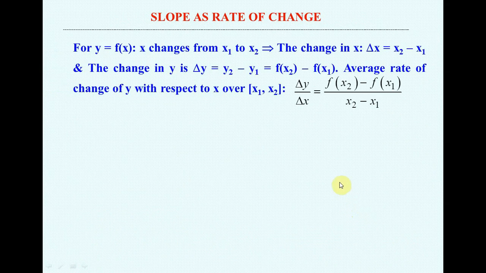Another very important feature of the linear function is the rate of change. If we have one function, and the variable s changes from s1 to s2, you have the change in s, delta s, and the change in y, delta y, equal to f(s2) minus f(s1), and the ratio between them is the average rate of change.